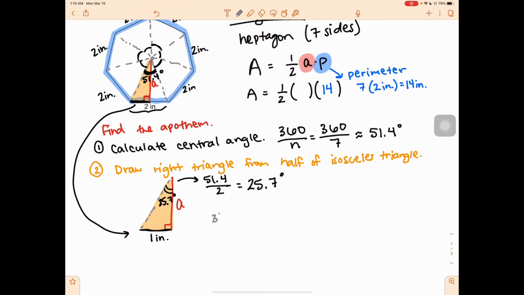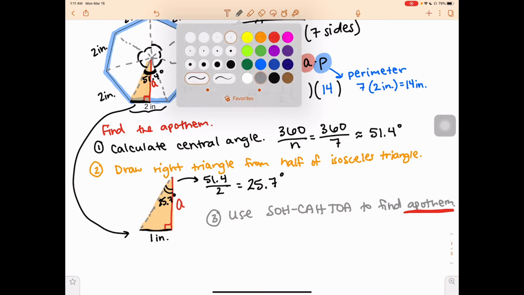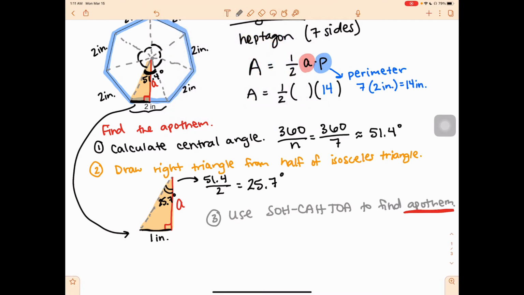And now the third step is to use SOHCAHTOA to find the apothem, which is our red side there. Okay, so first we have to label. This is our focus angle up top here. Across from it is the 1 inch. And the side that touches both the angle and the right angle is your adjacent side.